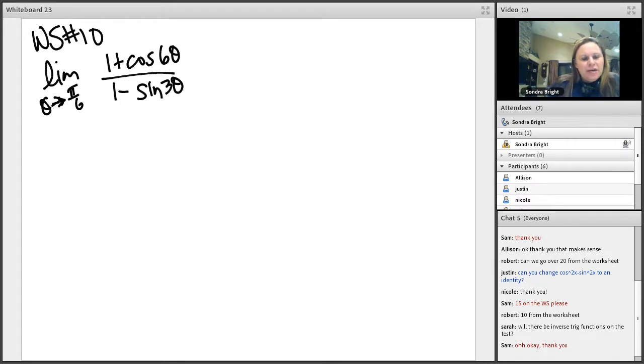When you try to plug in pi over 6, this ends up being 1 plus cosine of pi, so it's a 1 plus negative 1, and then 1 minus sine of 3 pi over 6, which is pi over 2, so that's a 1. So it ends up being 0 over 0.